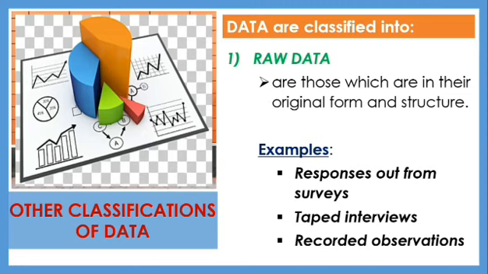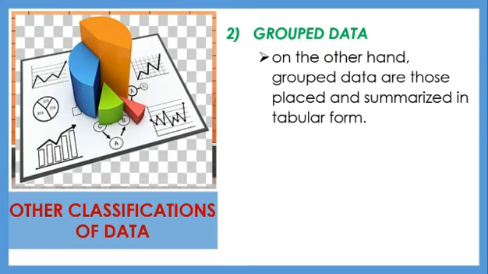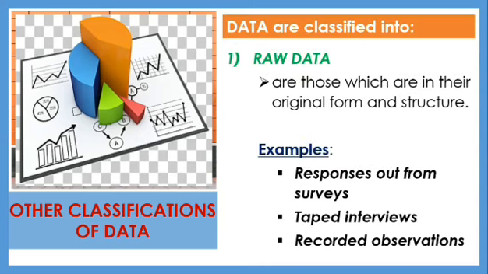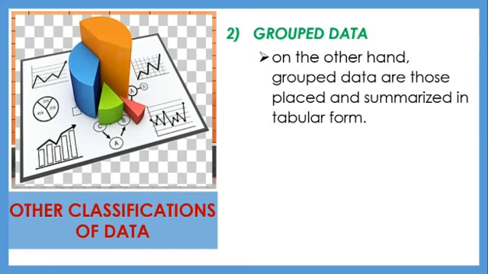These are raw data which are in original form or structure. Examples, responses out from surveys. So these are raw data. Taped interviews, recorded observations, and a lot more. On the other hand, if we say group data are those placed and summarized in tabular form. Okay, you are already grouping this and summarize this into some sort of a tabulation. Okay, these are the difference between the other classifications of data. We have the raw data and the group data.